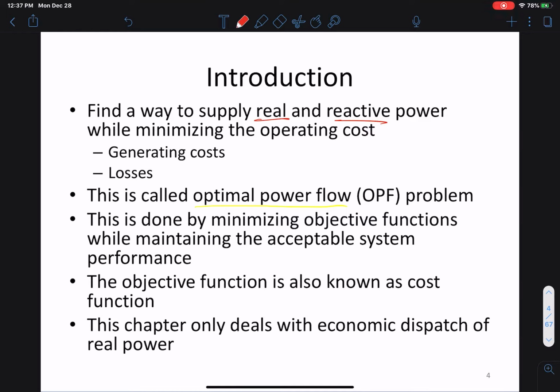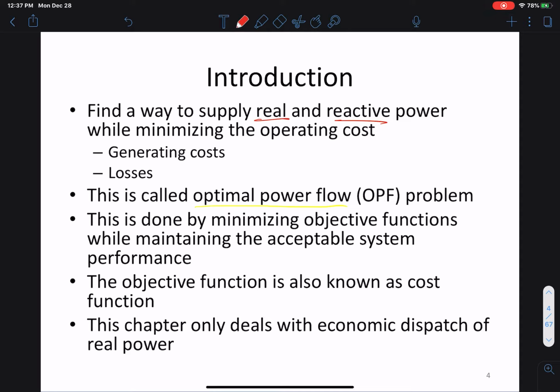We're considering only real power. We're not considering reactive power, and I don't think I can go into the inclusion of loss into the optimization equation. So my goal is to give you an optimization introduction by using real power as well as the real power constraint.